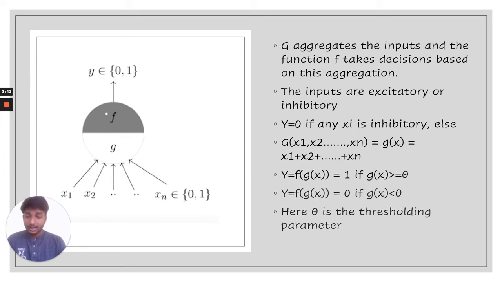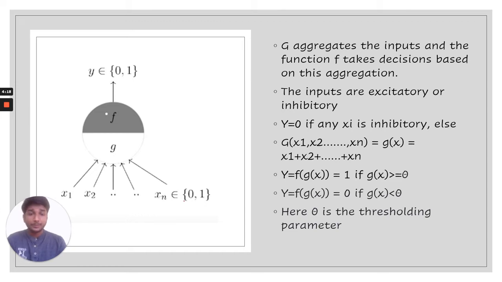G aggregates the inputs and the function f takes the decision based on this aggregation. According to that aggregation, the output will be fired.